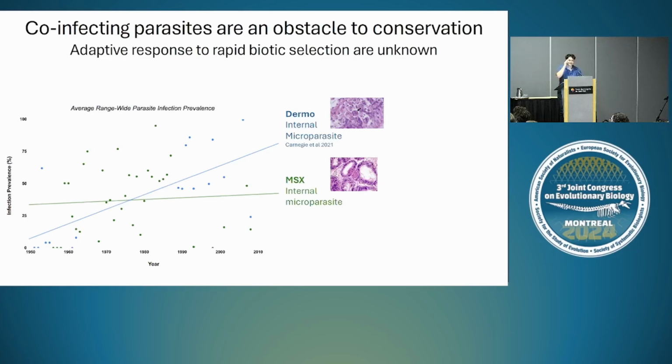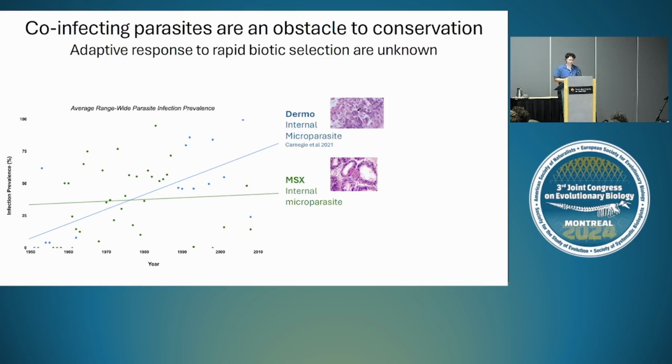And one reason for this decline, aside from human pressures, is co-infecting biotic stressors. So parasites are proving to be an obstacle to conservation, and we're still working to understand what the adaptive responses to these rapid biotic selection events might be. And so I'm going to focus on two parasites today.